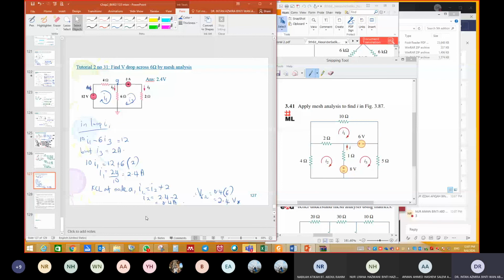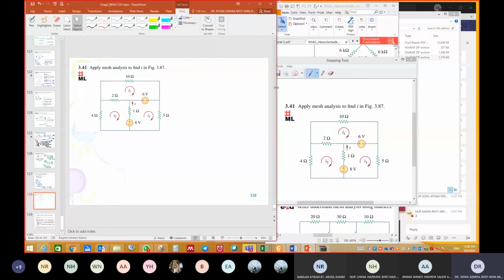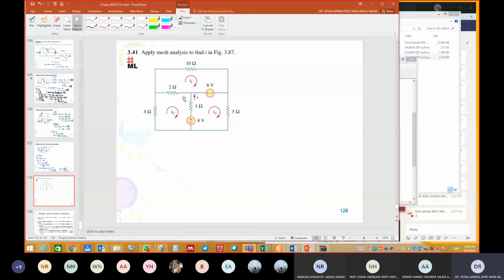Okay, now let's try to solve this by using mesh. Try it now, class. Okay.